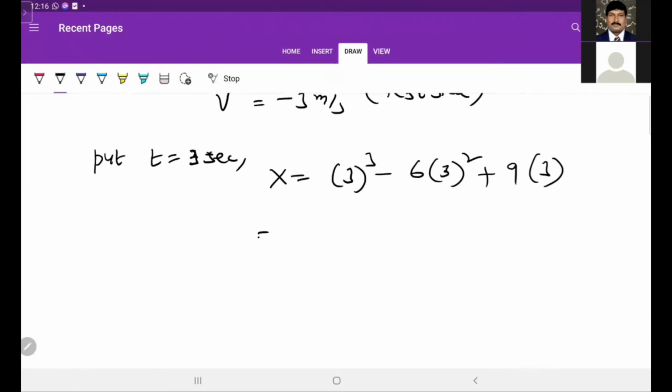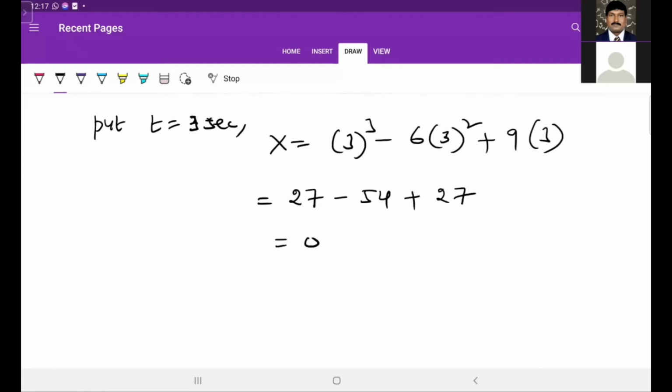So finally we get x is equal to 27, minus 54, plus 27. So we get 0. So x is 0.